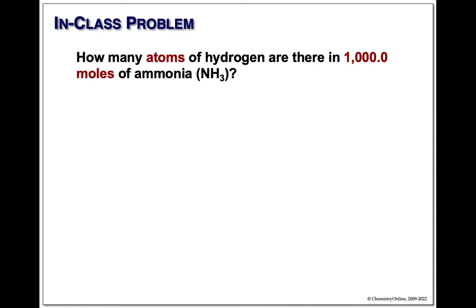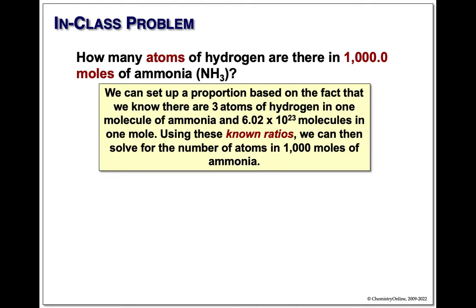What you have to do is simply look at ammonia and come up with the mole ratio of hydrogen to the compound. There are 3 hydrogens in 1 molecule of ammonia. There are 6 times 10 to the 23rd molecules in a mole. That's 2 ratios, right? Just like dogs in dozens.